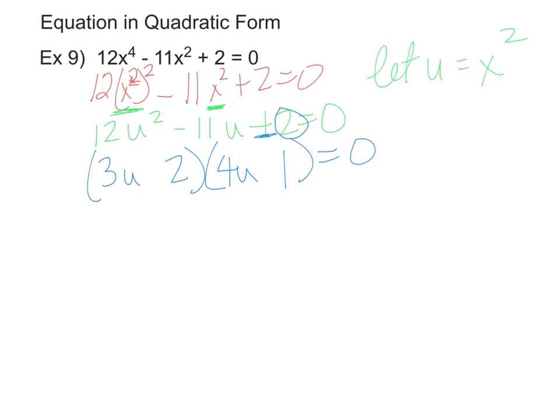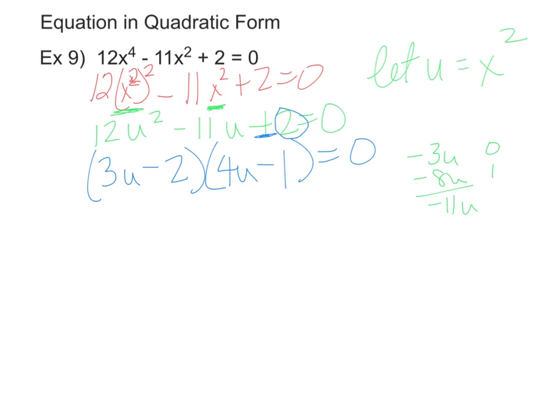With a plus sign in the back, my signs are the same. They're both a minus. Now you check your outsides and insides. My outside terms are going to give me -3u. The inside terms are -8u. So I have -3u, -8u, and there's my middle term of -11u. Just checking those outsides and insides.